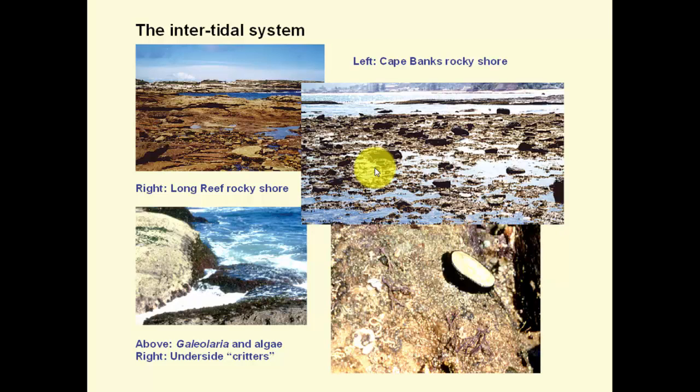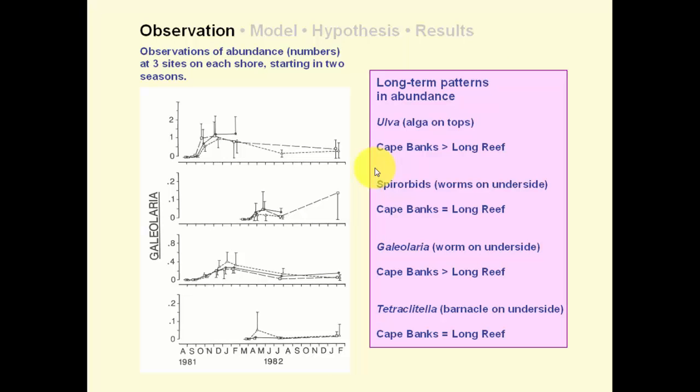So the bottom of the rocks here are often resting on or in sand, or fine sand and mud. And that's clearly a different environment to what's going on over there at Cape Banks, where there's not much sand at all. So the processes happening at these 2 places are different.